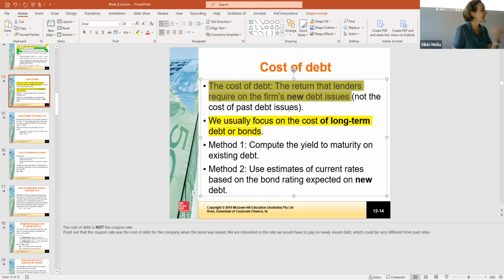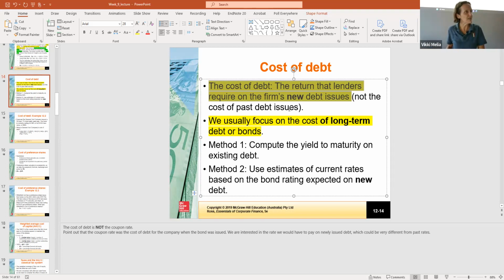I mean, you could say if the yield on a bond that you have on issue now is 5%, you could say, I estimate the yield on the new debt will be 5% because that's the debt on our current issues. You could justify it that way, but the reality is that we would typically just have a look at yields on bonds that we already have on issue because that's data that is tangible and real.